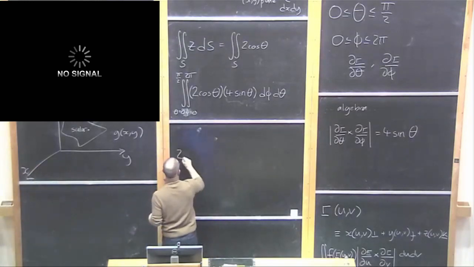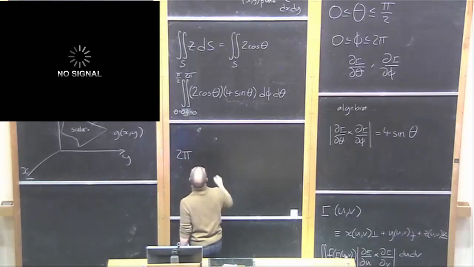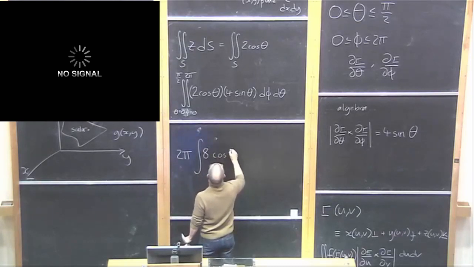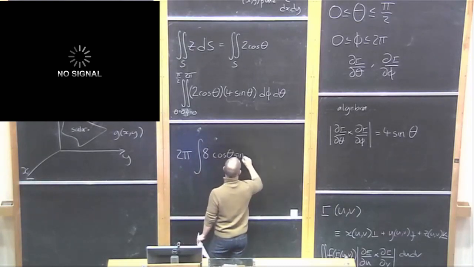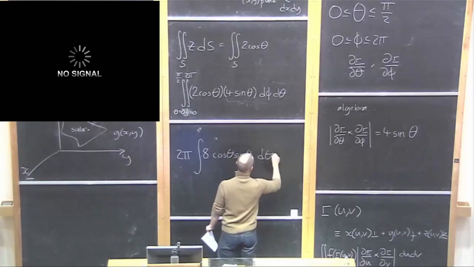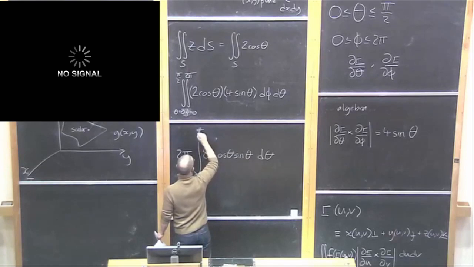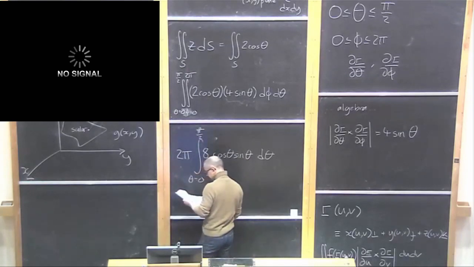So I can just take a 2 pi, which is what the integral with respect to phi is going to give us, and then I have here 8 cos theta sine theta integrated with respect to theta, theta between 0 and pi by 2.